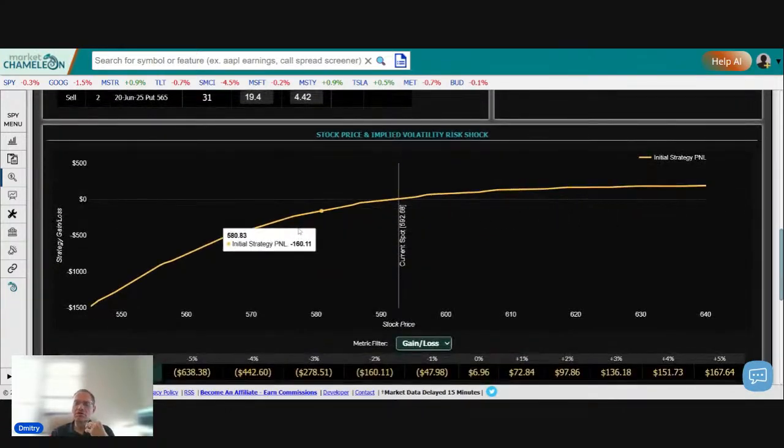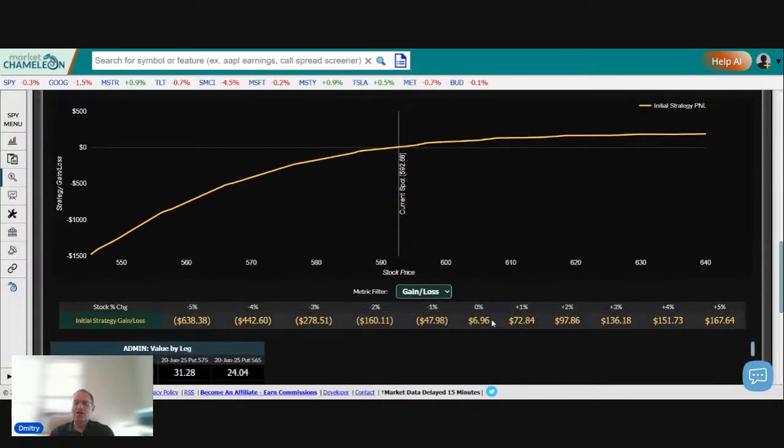And if we come down here, we get this graph. The graph shows us that if nothing else changes on the day, implied volatility stays the same, and theta, just the stock moves, how does this strategy look? So you can see that this strategy gains as the stock moves up and loses as the stock moves down.